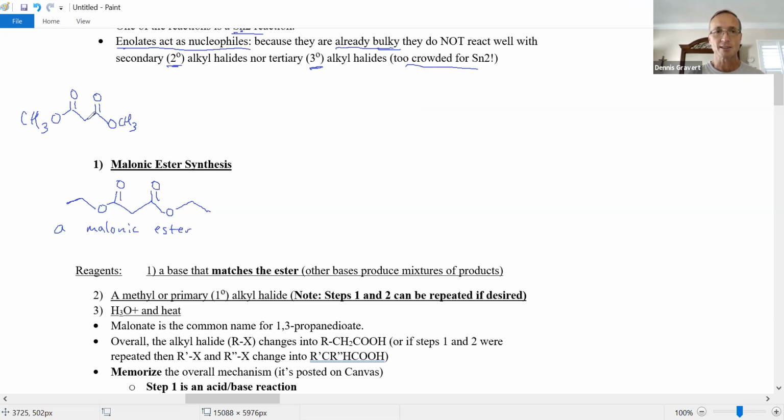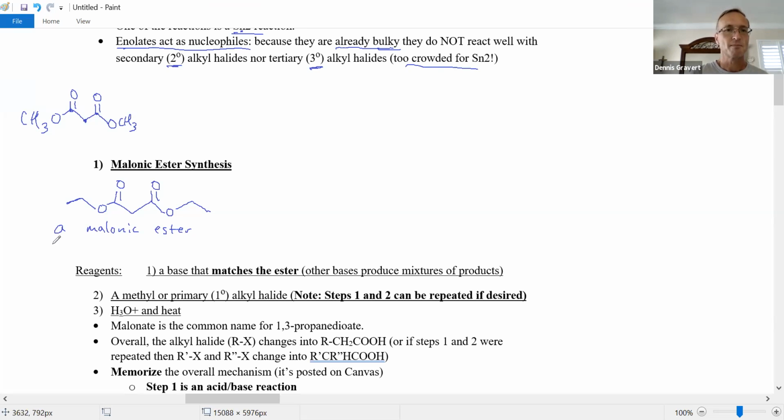But to be a malonic ester, you always have 3 carbons that are esters. There you go. The IUPAC name, right? This would be diethyl propanedioate. Where's my cheat sheet, my notes?